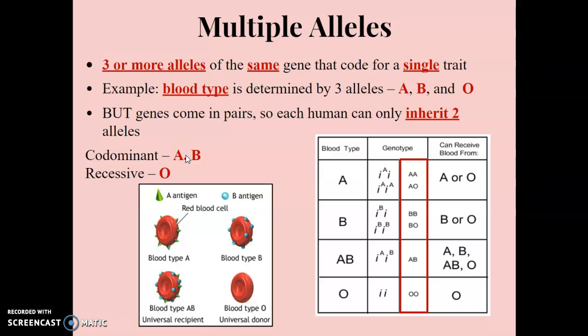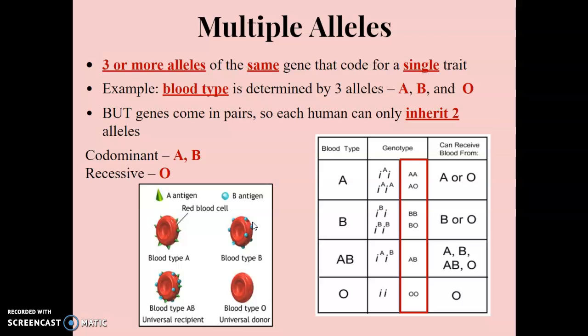The reason allele A and B are codominant is because the allele affects the antigens on the blood cell. So when we say that you're blood type A, that means that you have a type A antigen on the exterior of your red blood cell. If you're blood type B, you have a B antigen on the exterior of your red blood cell.